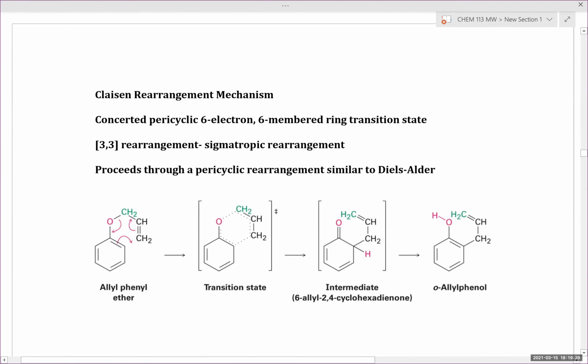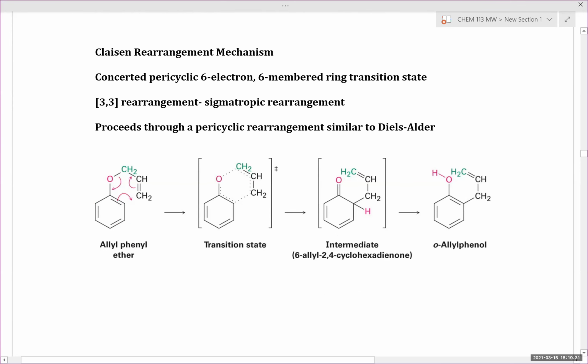And just to refresh our idea of the Claisen rearrangement mechanism, it's a concerted pericyclic 6-electron mechanism involving a 6-membered ring transition state. It's a 3,3 sigmatropic rearrangement, and it's similar to that of the Diels-Alder reaction.